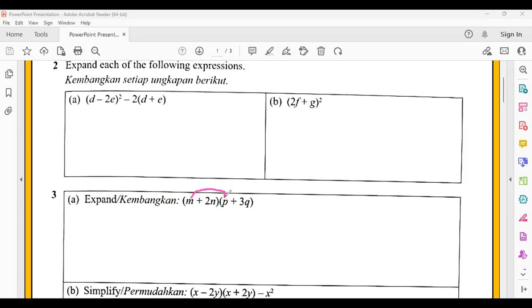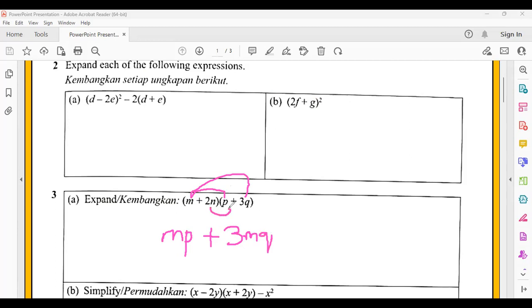M times P, so it will become MP, plus M times 3Q. I'm giving you time, girls. So try to put it: 3MQ. Okay.